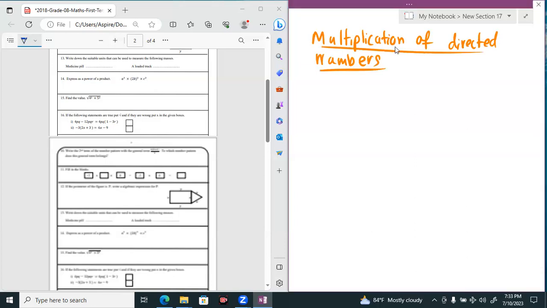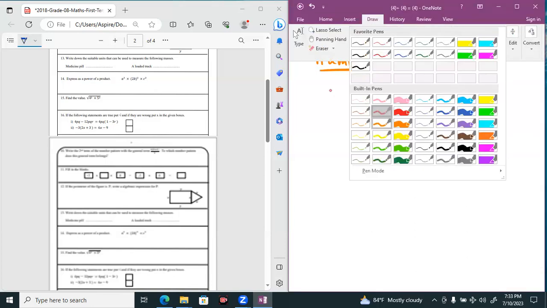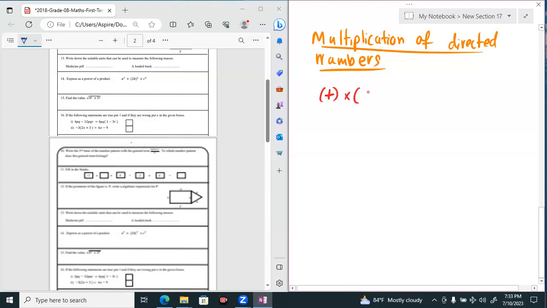Now remember this well. When you multiply two same sign numbers, we obtain a positive value. That means it may be positive positive or negative negative. When you multiply two numbers with the same sign, the answer is a plus value, or we can say it is a positive value.